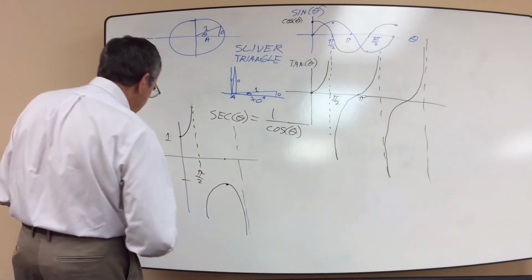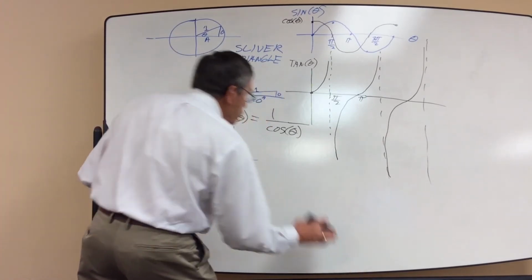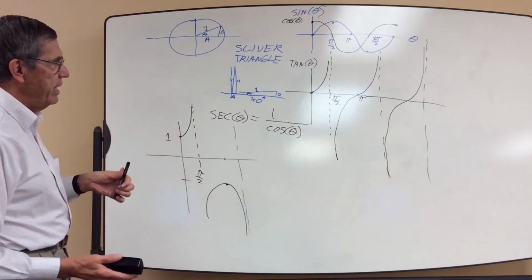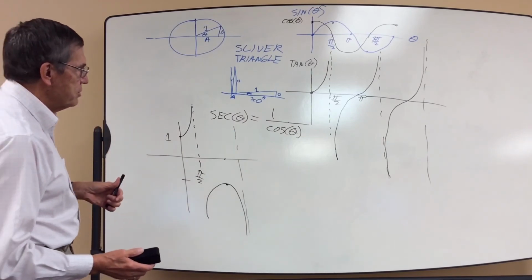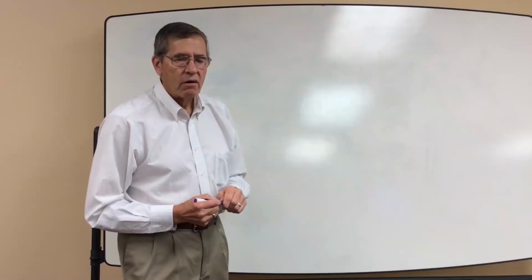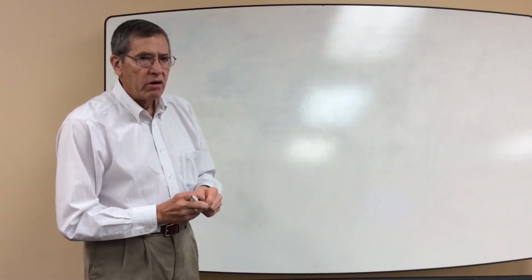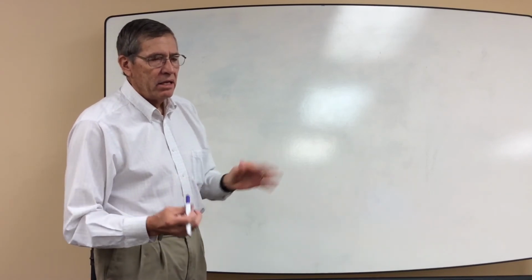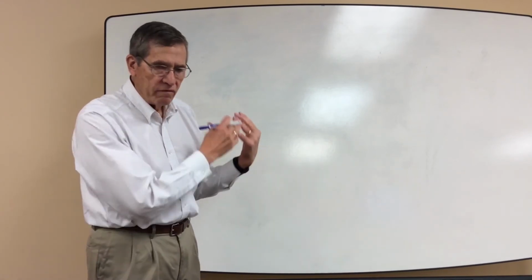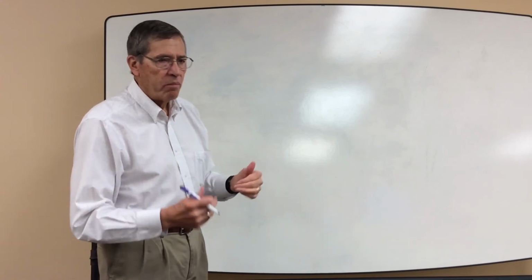Okay? So now we're going to finish with using this to do a complicated trigonometric function. So I'm going to erase the board and come back with that. Okay, welcome back. So now we're going to look at a trig expression and then use what we've learned so far to draw a plot of it.